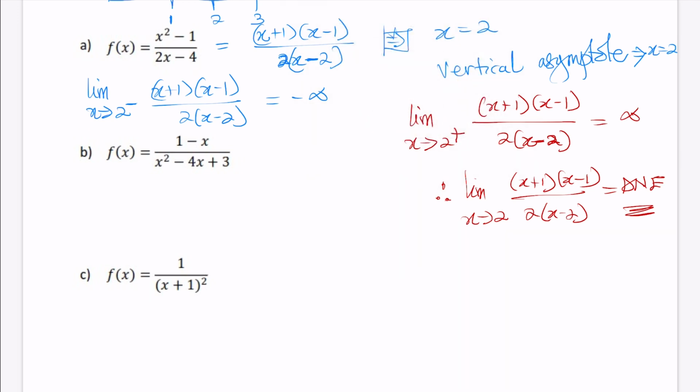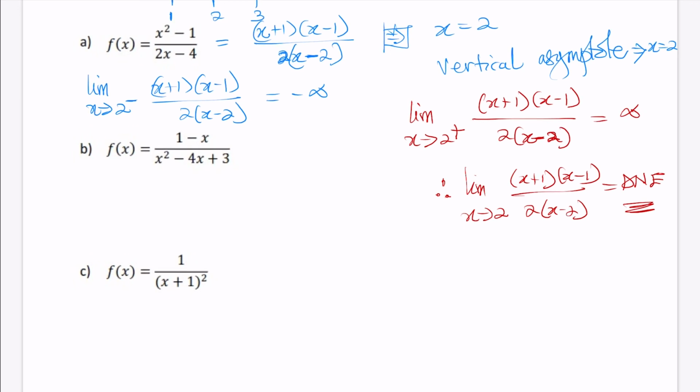So example B, the same analysis pertains to example B. First of all, we are going to simplify this expression, which will give us 1 minus x divided by, we factorize our denominator, and we get (x minus 3)(x minus 1).